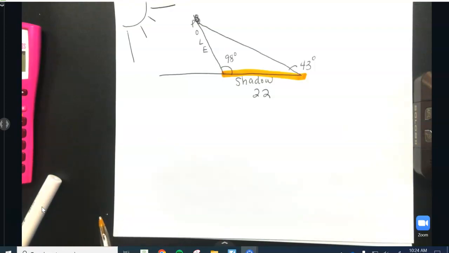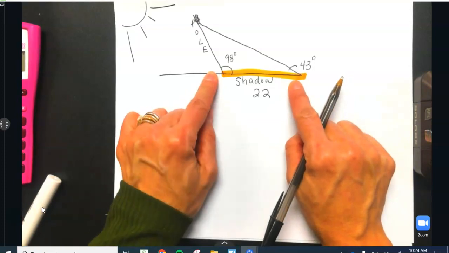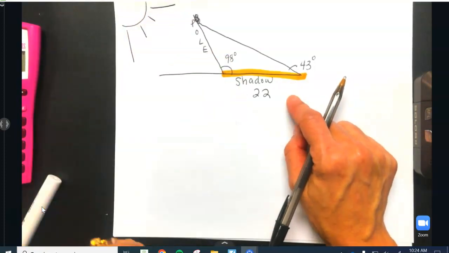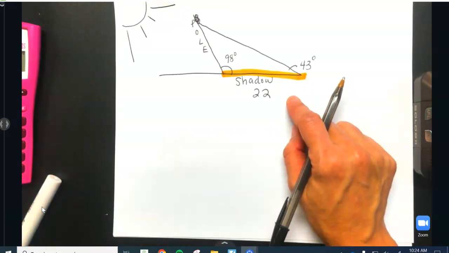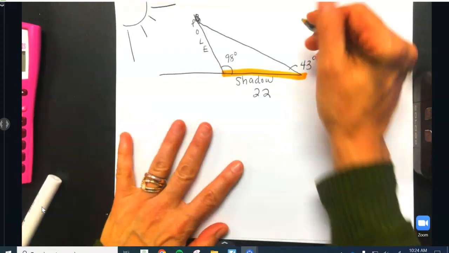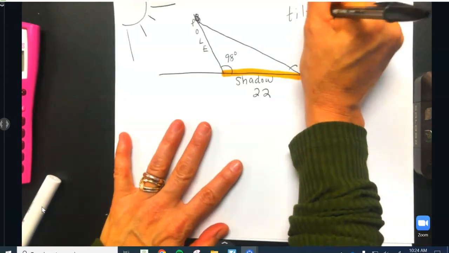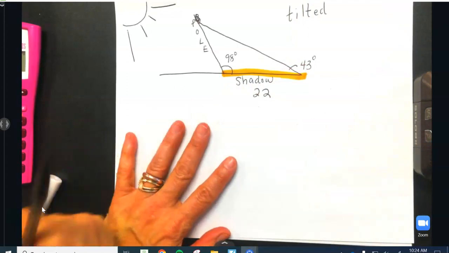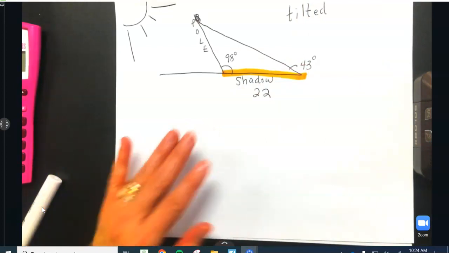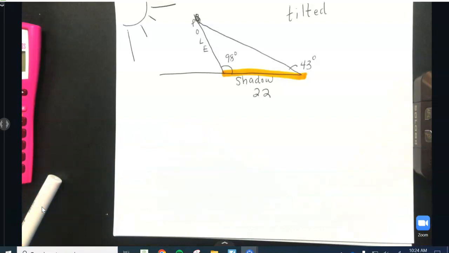So, y'all, this almost seems like a Pythagorean theorem question, because in 8th grade you found shadows and how tall poles were like 1,000 times. But this is not a Pythagorean theorem question because of that third word. It's tilted. So it's not a 90-degree right triangle. It's an obtuse triangle.